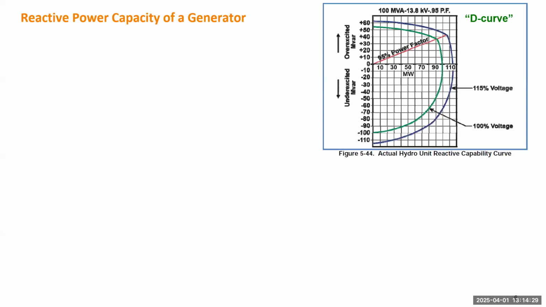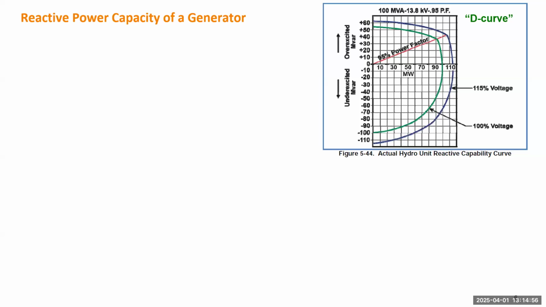This chart describes the first quadrant and the fourth quadrant of generator operation. X is P, Y is Q. Because it's about a generator, we assume P is always positive, and Q can be positive or negative, which means while the generator is generating active power, it can either provide rated power or consume rated power.